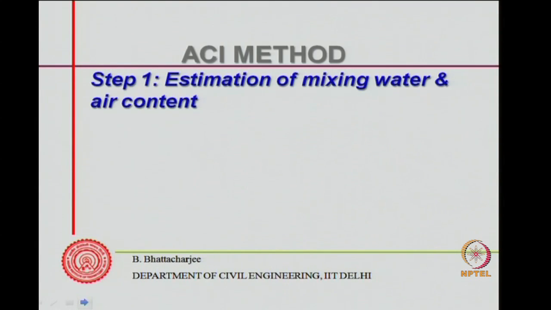Now of course, although I am writing this as step 1, if you look at the ACI 211 report, step 1 is stated to be the determination of slump, and step 2 is given as determination of maximum size of aggregate.